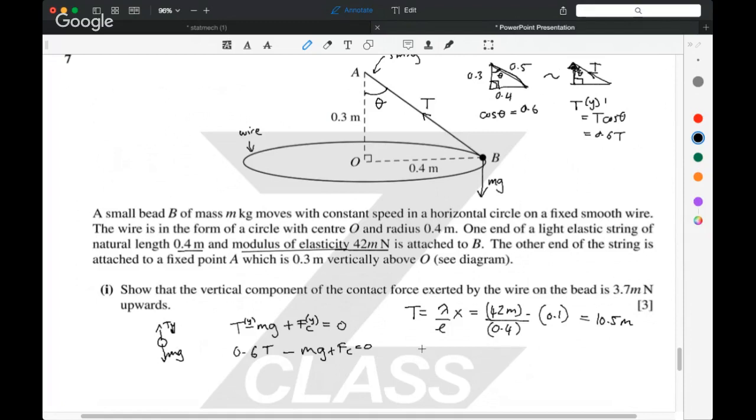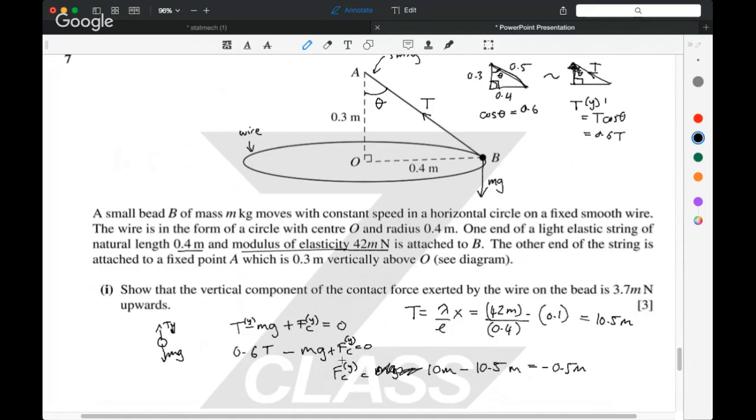And that's all we need for this contact force equation. We have that the contact force is equal to mg minus, and mg is 10m, minus 10.5m, which is minus 0.5m.